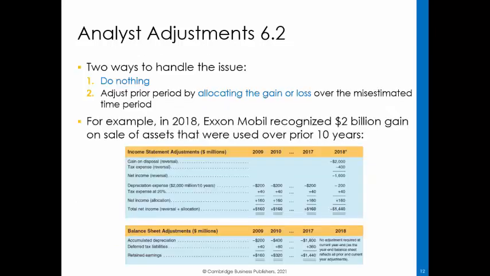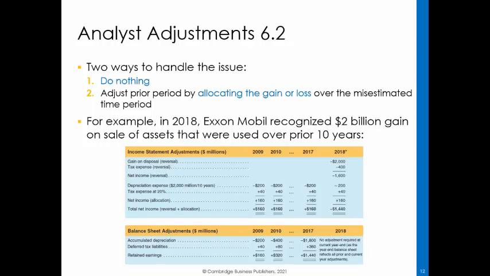There are at least two ways to handle these sorts of gains and losses in analysis. One is to do nothing. Just accept that prior period income statements and balance sheets are likely over or underestimated due to these gains and losses. Another is to adjust prior periods' reports by allocating the gain or loss over the period of the misestimated depreciation and income.